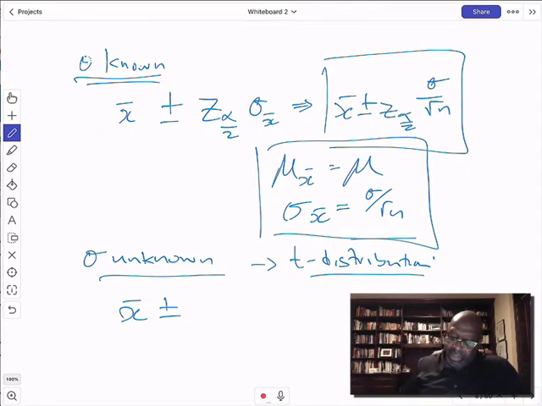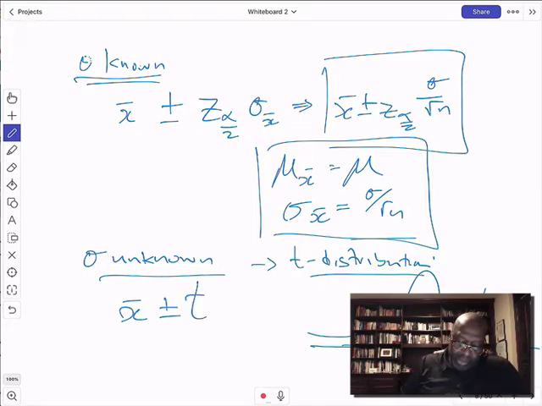What's interesting is that the t distribution looks just like the normal distribution, but if you were to superimpose them, the t distribution tends to have longer tails and is much wider, whereas the normal distribution is much shorter, less variation, and taller. All right, so the two of them are symmetrical, but they're different, and so we have to use the t distribution when we don't know sigma.